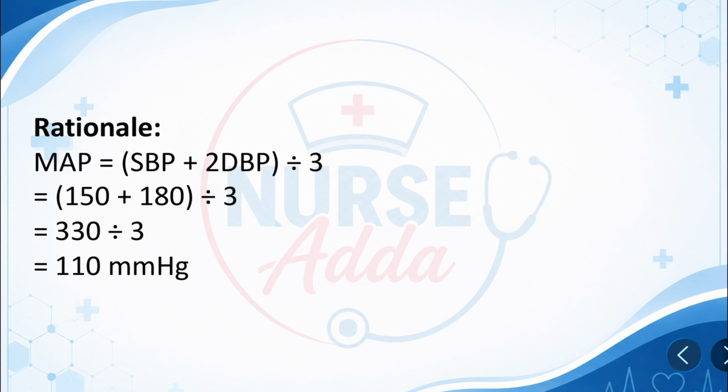The equation is mean arterial pressure or MAP is equal to systolic BP plus 2 into diastolic BP, the whole divided by 3. So here systolic BP is 150 and diastolic BP is 90. So by this equation we will get the answer 110 mmHg.